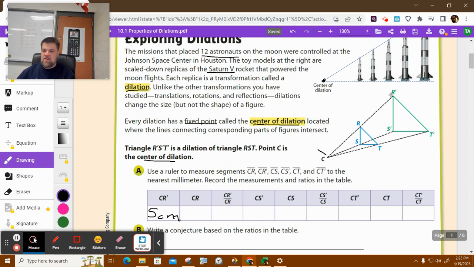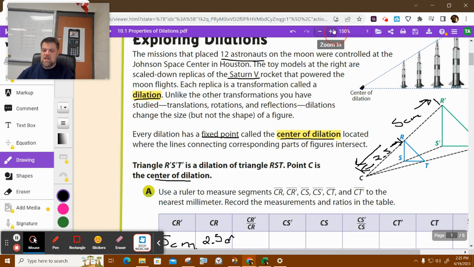C from here to here, this whole thing, if you were to measure that in your textbook, is about 5 centimeters. And then if you were to measure from here to here, that is 2.5 centimeters. Does that make sense?